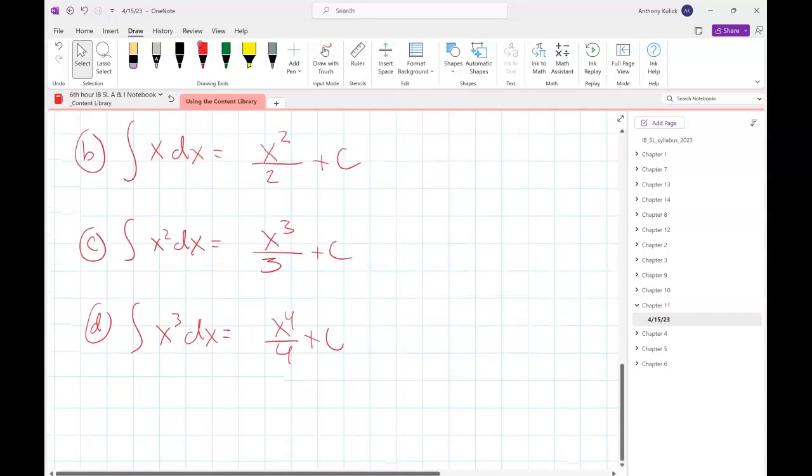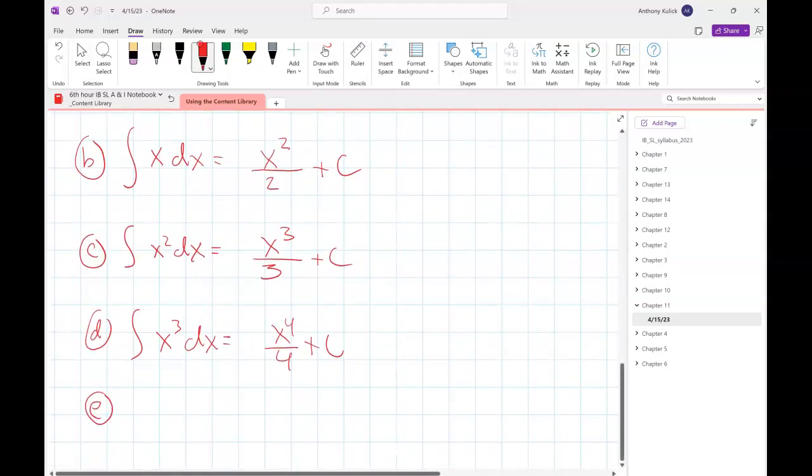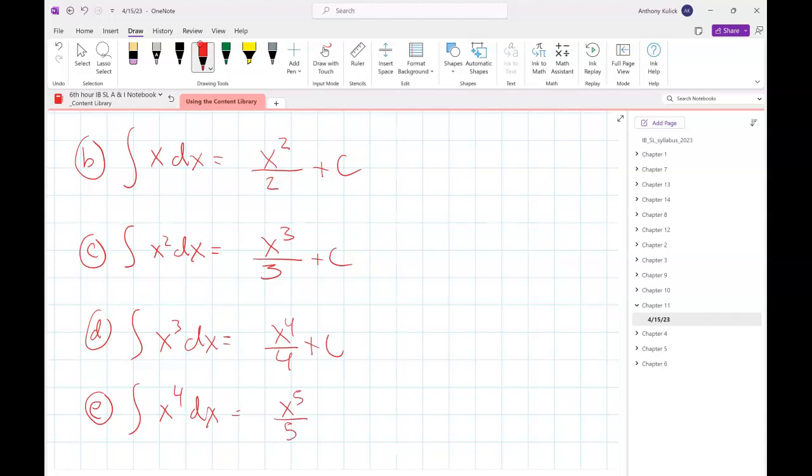Good. Our last one was x to the 4th. What's the answer here going to be? We feeling okay with this process? These are like the simplest of the simplies, but it's okay.